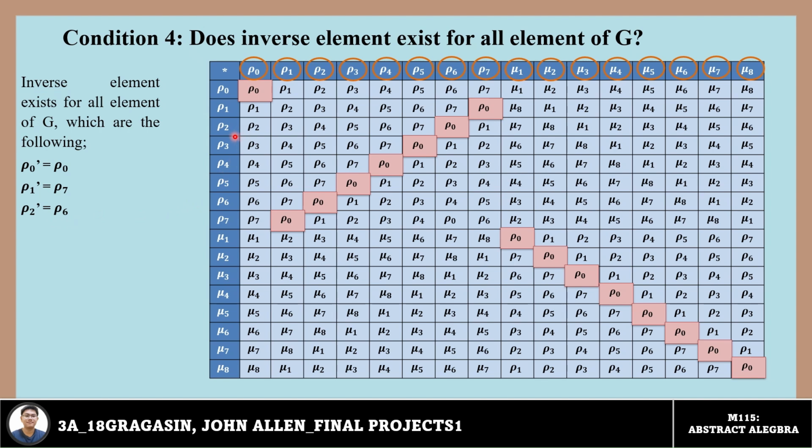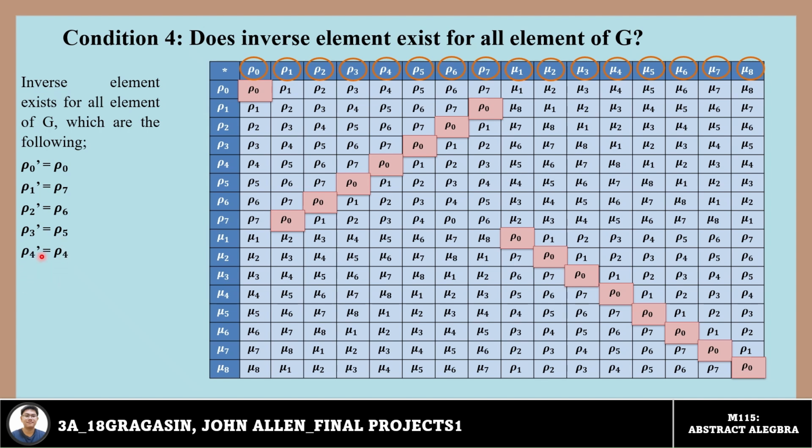This is rho sub 2, then the identity element, and the element in the outer top is rho sub 6. Therefore, our inverse element here is rho sub 6. And for rho sub 3, we have the identity element and the element on the outer top is rho sub 5. Therefore, the inverse element is rho sub 5.